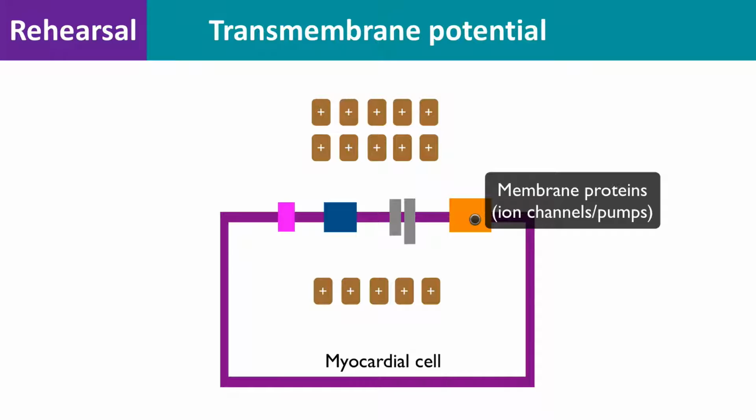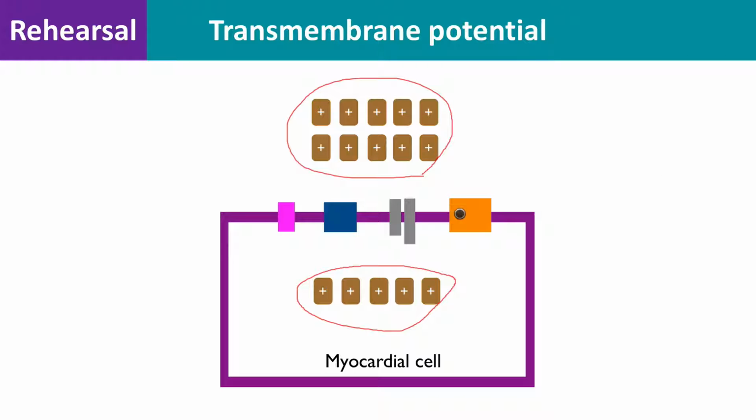And these proteins are used to maintain very specific concentrations of ions in the cell's interior and the cell's exterior. Because these proteins work actively around the clock to pump positive ions out of the cell so that the concentration of positive ions is greater outside the cell as compared with the inside of the cell.